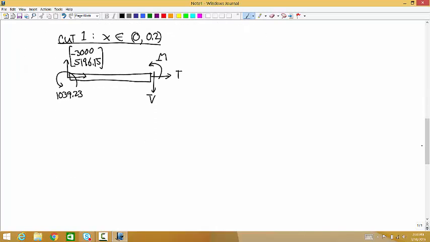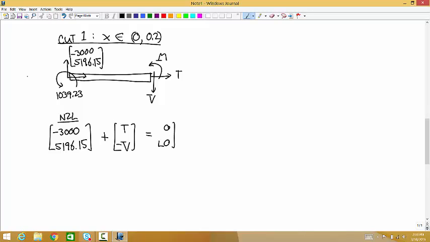But now we can calculate the internal loads. Newton's second law says negative 3,000, positive 5196.15, plus T, negative V is equal to zeros.